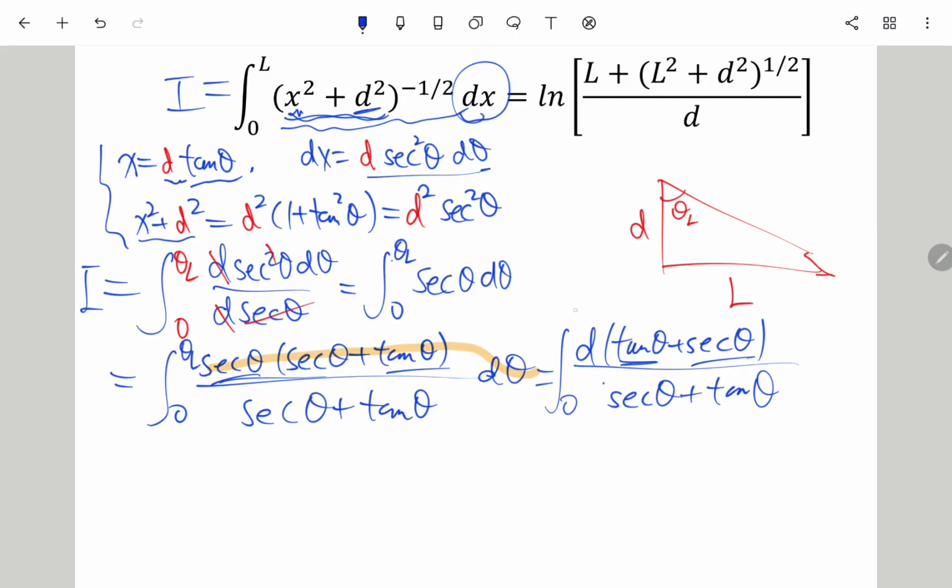So theta from 0 to theta L. This is good because the numerator and denominator are the same.